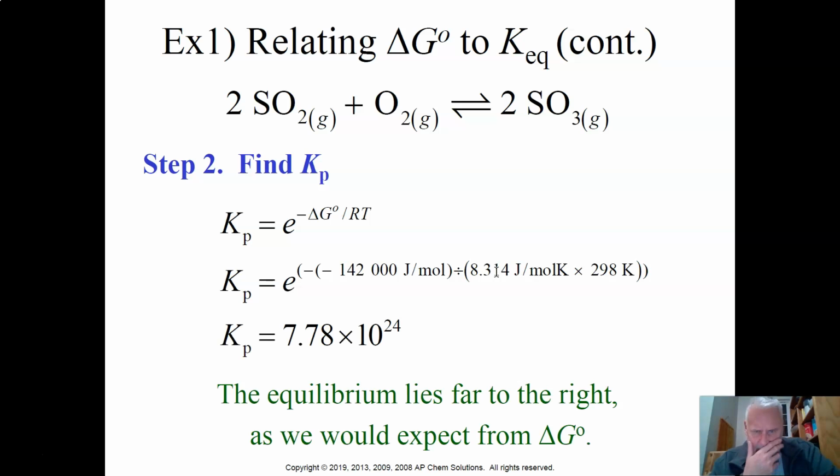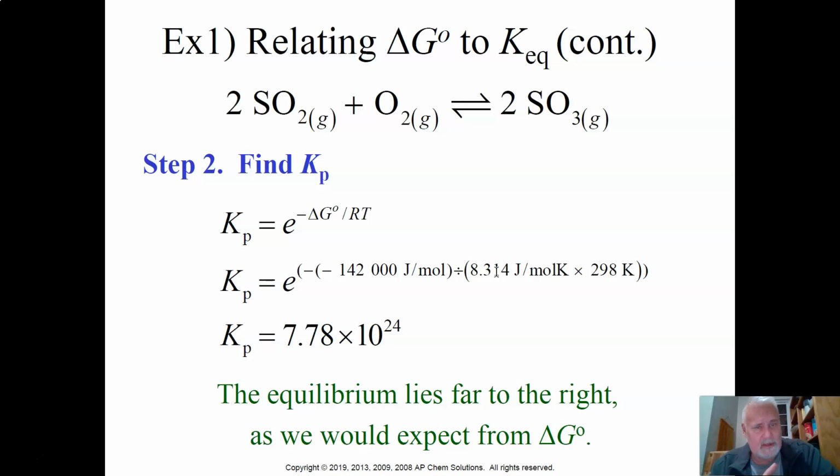And so this is obviously a really big equilibrium constant, meaning you got lots of products. So they say far to the right, way off there to the right, which is what we would expect, having such a large negative value for the delta H, which tends to really favor these reactions.